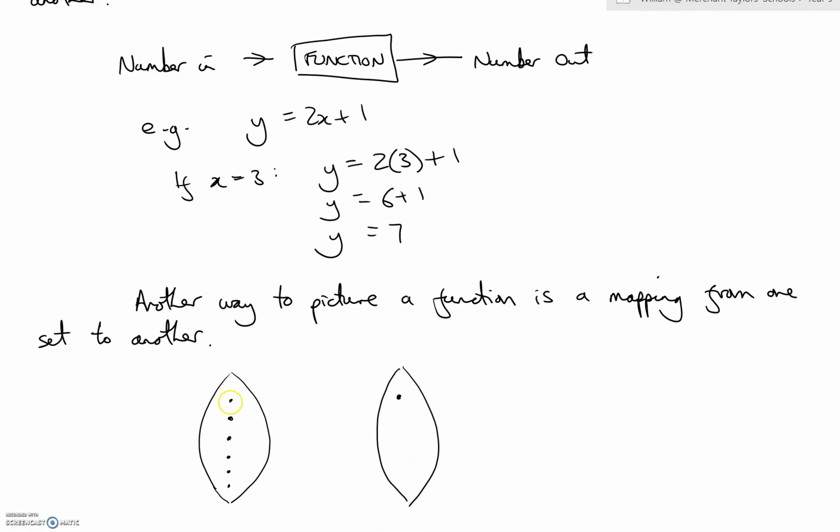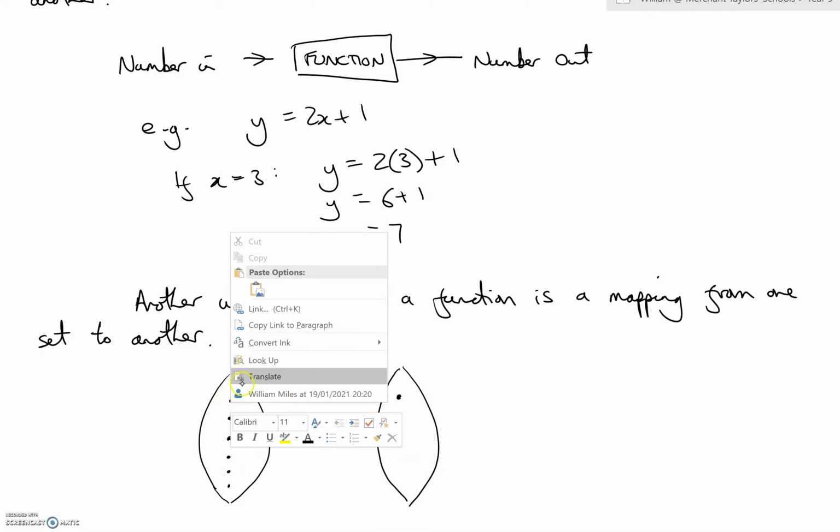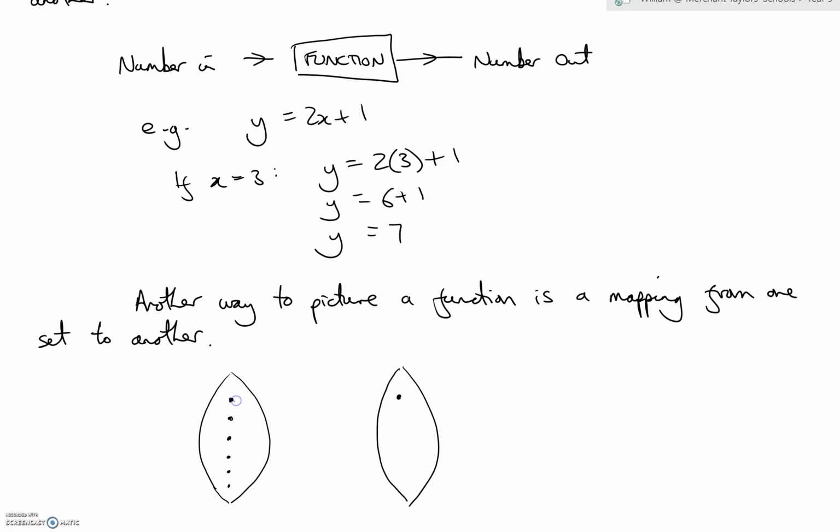Okay, and if I put this top value into the function, then it churns out a value out here. It might be that this value gives a different value. Maybe this one goes to the same value. But every time I put one of these in on the left, it goes to somewhere else on the right.